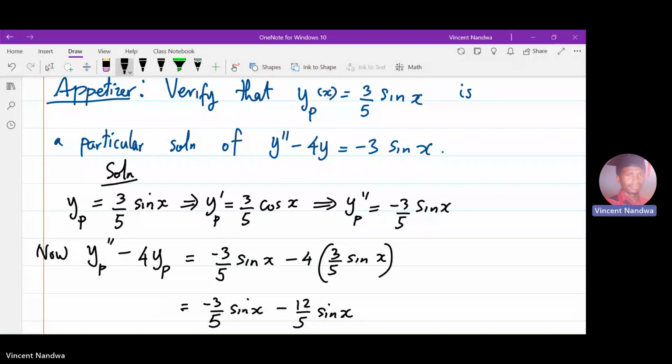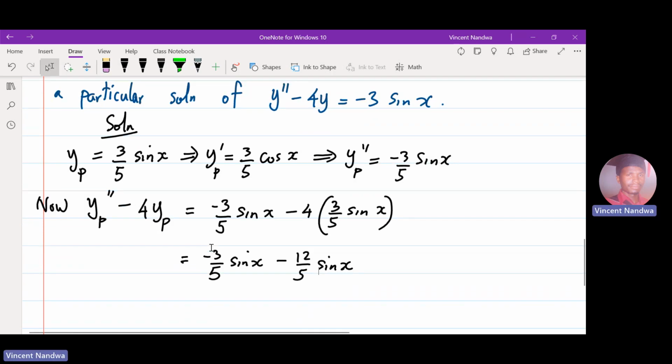So what do we get by adding minus 12/5 to minus 3/5? So negative 15/5, which is simply negative 3 sine x, which is satisfying the right-hand side of the given differential equation.